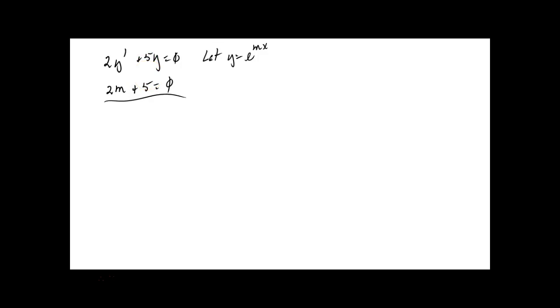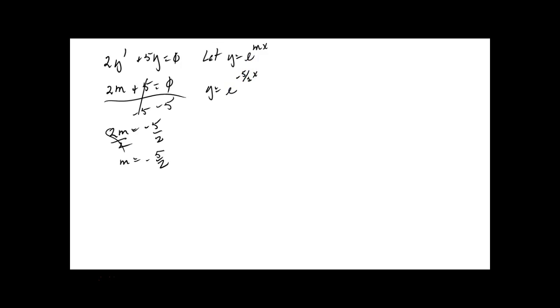Now, from that we can see, subtract 5 from both sides, and you get 2m is equal to minus 5, so divide by 2, and you get m is equal to minus 5 halves. Plug that back in here, y is equal to e to the minus 5 halves x.